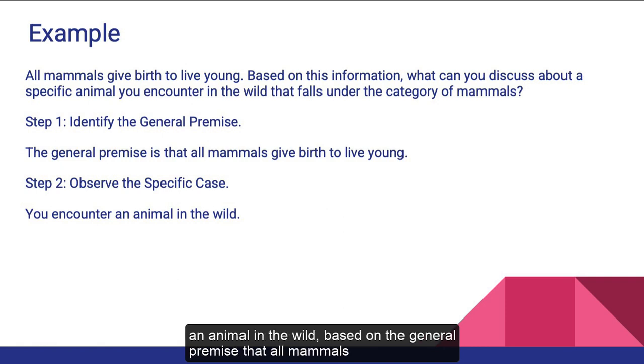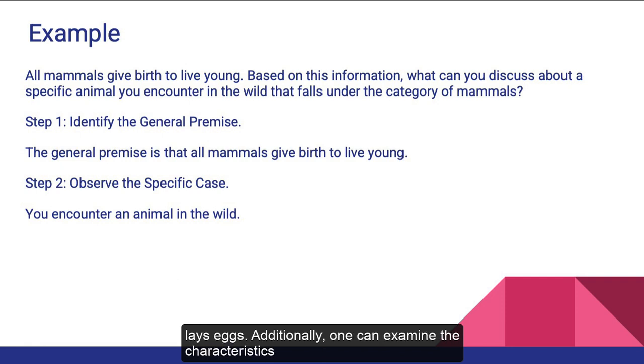When encountering an animal in the wild, based on the general premise that all mammals give birth to live young, there are several aspects that can be discussed. One can observe and analyze the reproductive behavior of the animal, determining if it gives birth to live young or lays eggs.